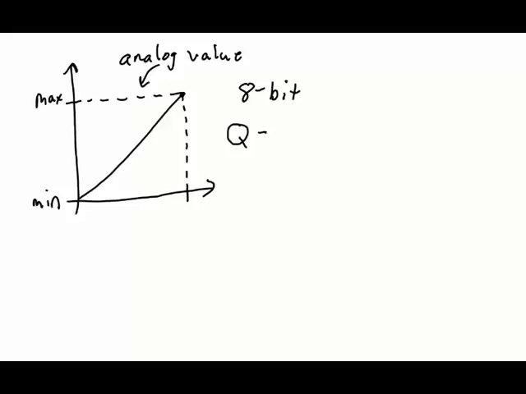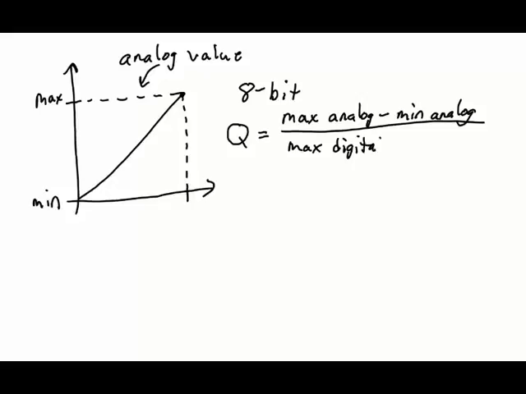We take the maximum analog value and we subtract the minimum analog value. And we divide that by the maximum digital value minus the minimum digital value.